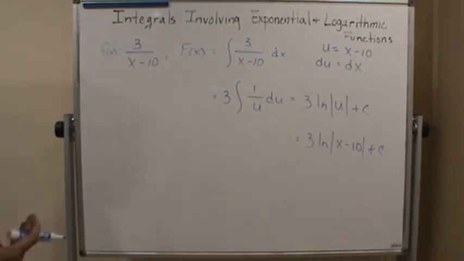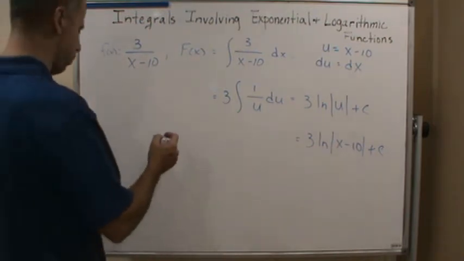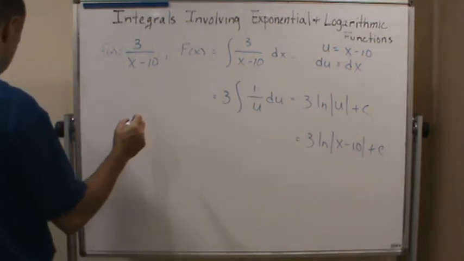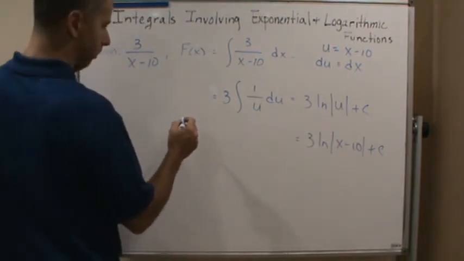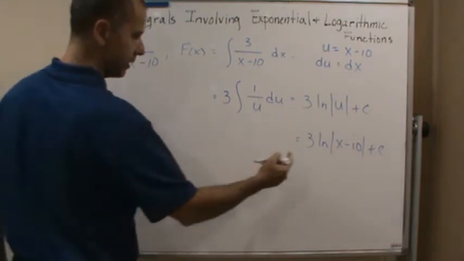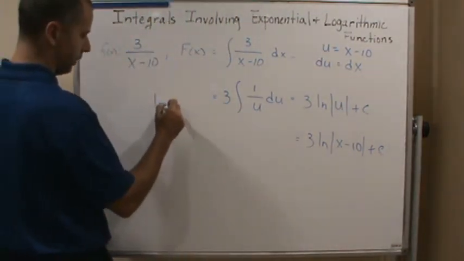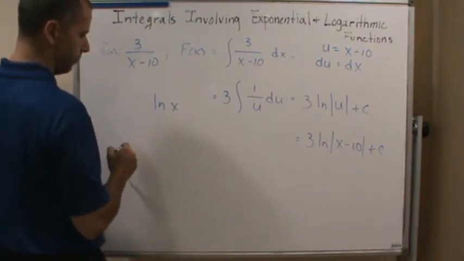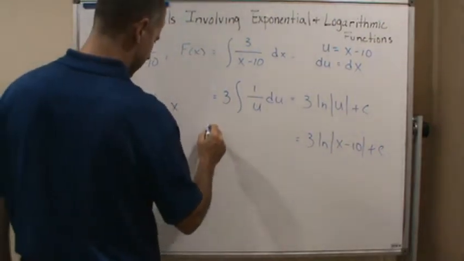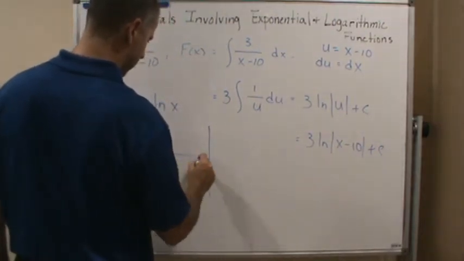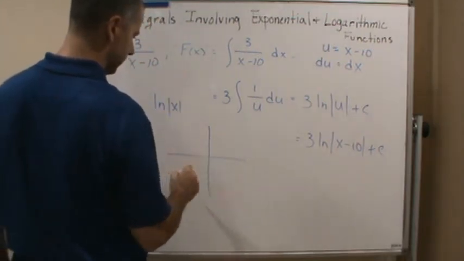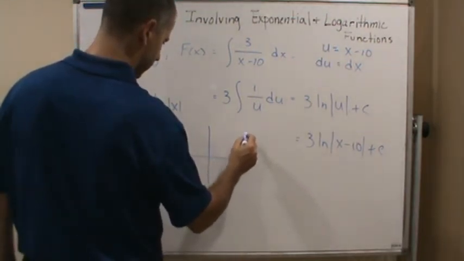Because remember how logarithmic functions work. So this is a translation. So we know the natural log of x, right? How does the natural log of x look like? Or in other words, the absolute value of x. It looks like this.